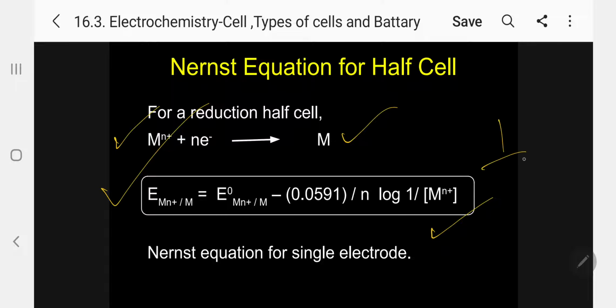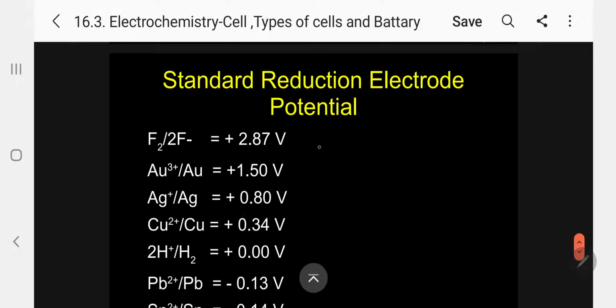This is 1 below, coming now. In the case of oxidation, the concentration term comes in the numerator; in the case of reduction, it comes below, in the denominator. Please follow. So this is the Nernst equation for single electrode potential.